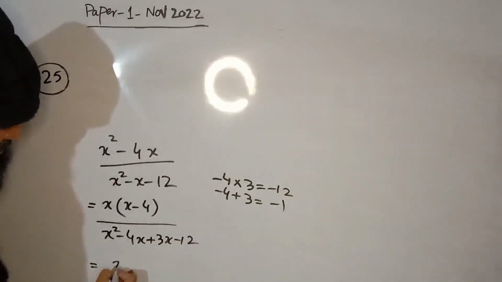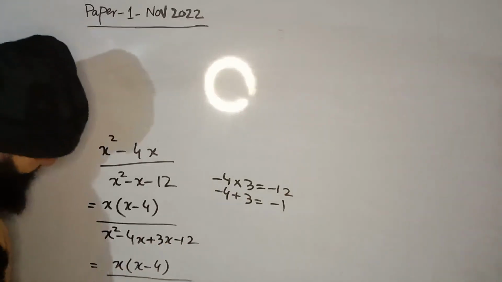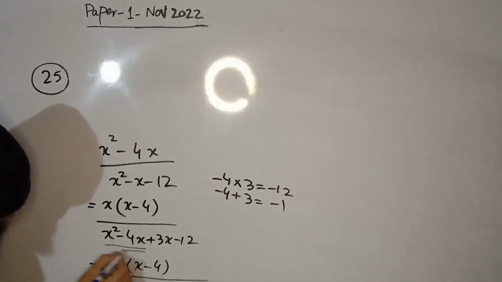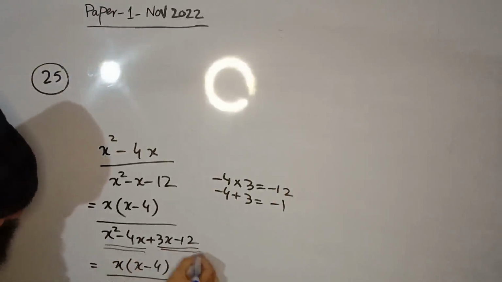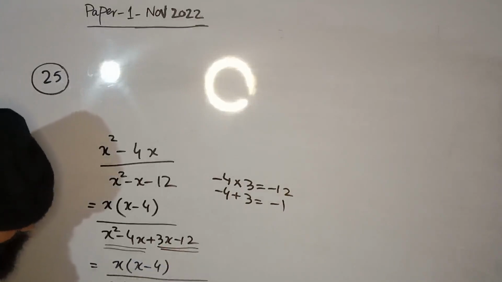So this will be equal to x into x minus 4 divided by, we take x common, so we get x minus 4 from these two. Similarly, we take 3 common from these two: plus 3 is common, 3x divided by 3 is x, minus 3 fours are 12, so it is 4.